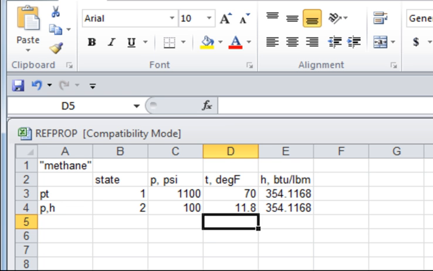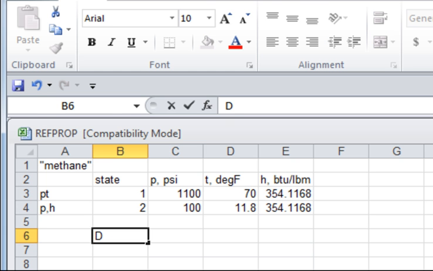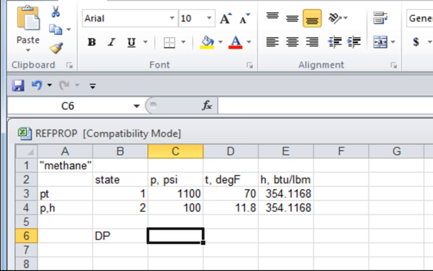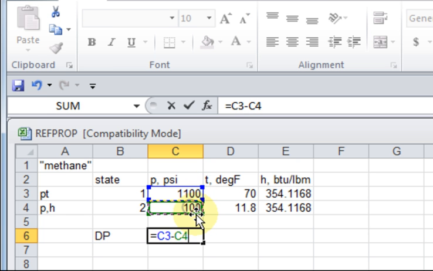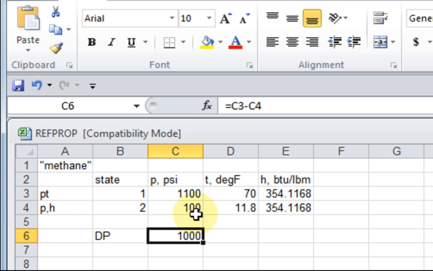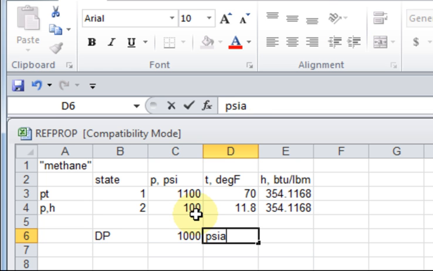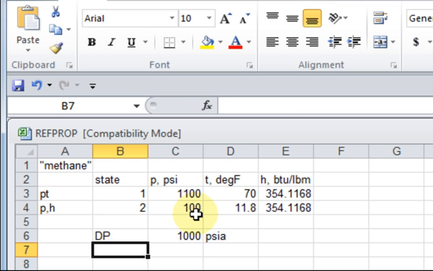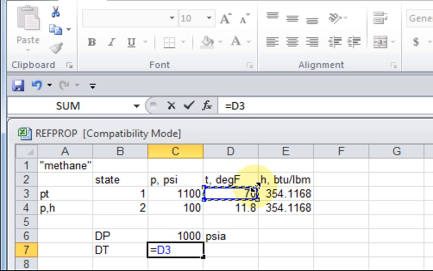That's way below 32, right? So what was the change in the pressure? That's just this pressure minus that pressure. So it was 1000 psia. And what was our change in the temperature that we measured? It started at 70, ended at 11.8.